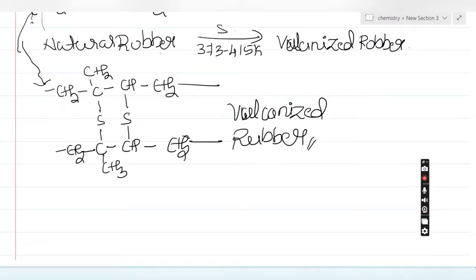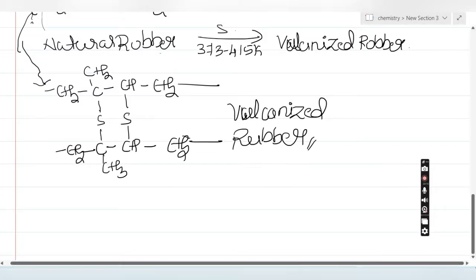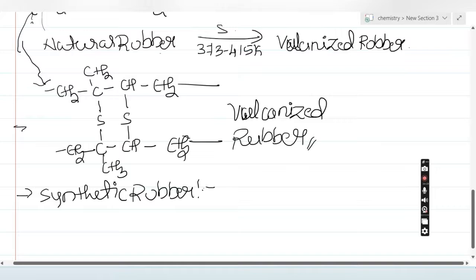Synthetic rubber. For synthetic rubber, we are using the monomer chloroprene.